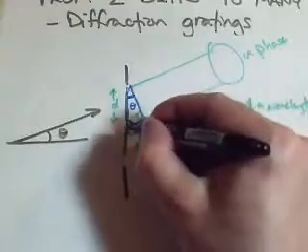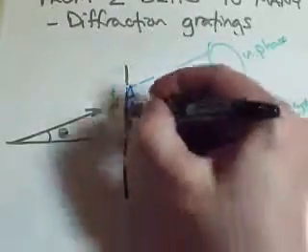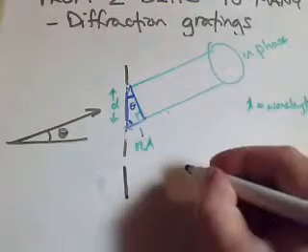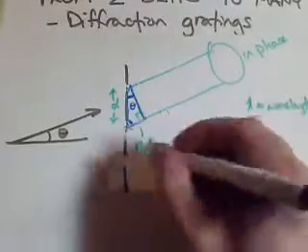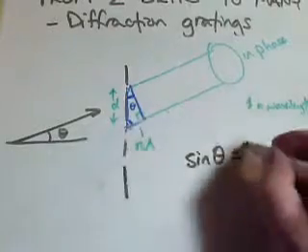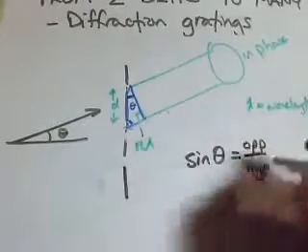So this distance here is my n lambda. This distance here is d. Okay, and I'm just going to use SOH CAH TOA. SOH CAH TOA tells me that sine of theta equals the opposite over the hypotenuse.